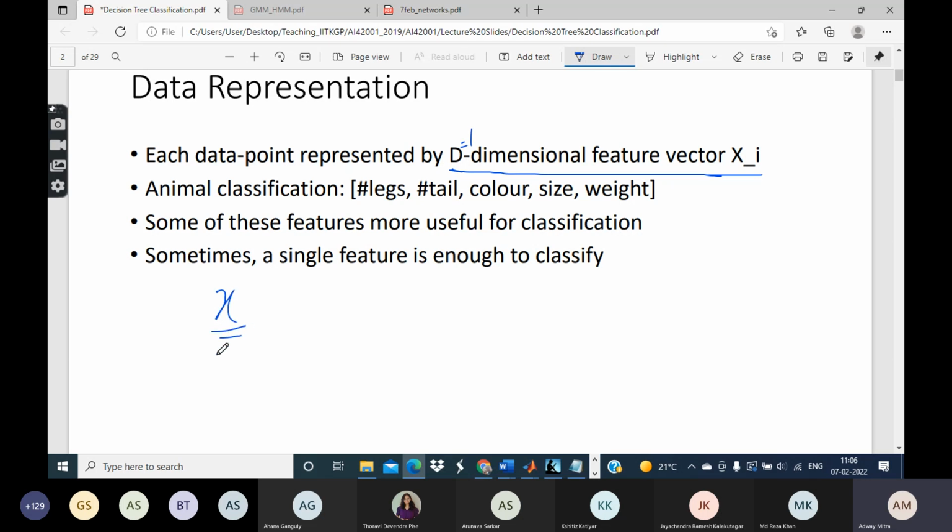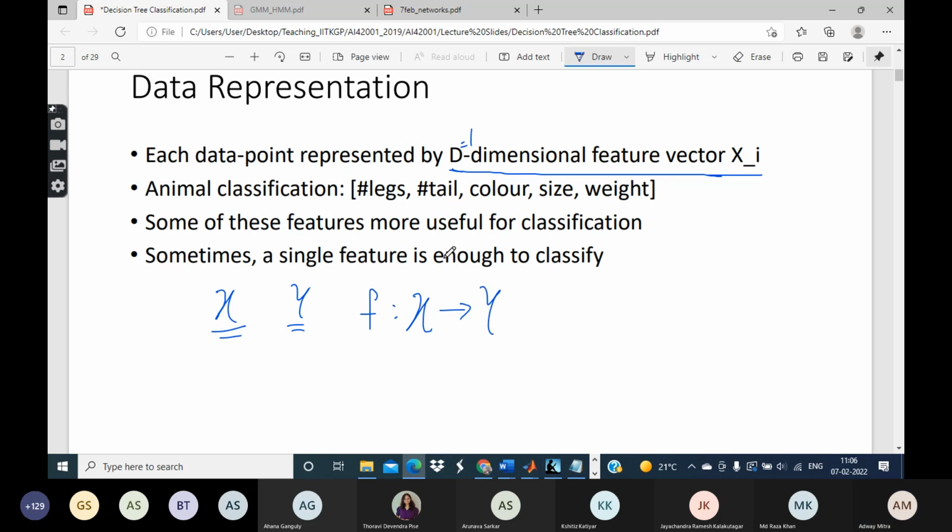Let's denote it by a curly X, and there is a label space which we denote by a curly Y, and a classifier function is basically a mapping from the feature space X to the label space Y. That means you take any element from the feature space, which we consider as our feature vector, apply whatever function it is, and the output is going to be some element in the label space, which we may call a label.